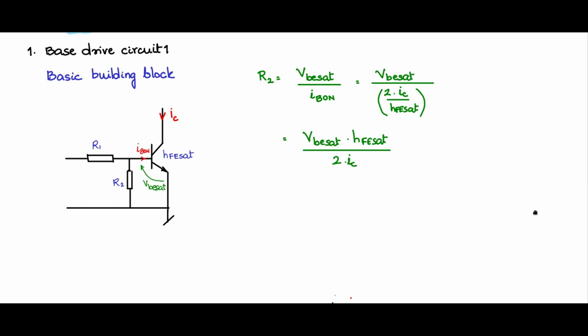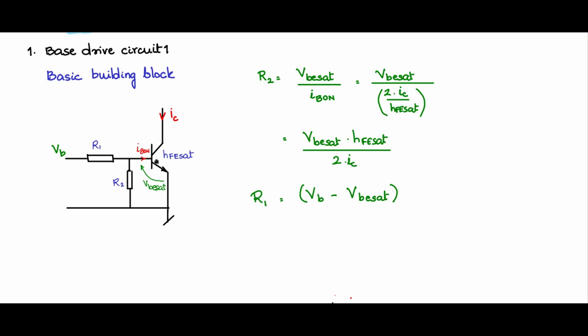Now how to find the value of R1? There is a drive signal, let us say, coming here, and we will name it VB. Now what is the voltage drop across R1? VB minus VBE SAT, this is the VBE SAT potential. So VB minus VBE SAT is the voltage drop across R1, divided by R1 will be the current through it. What is the current through it? There is IB on flowing through R2.